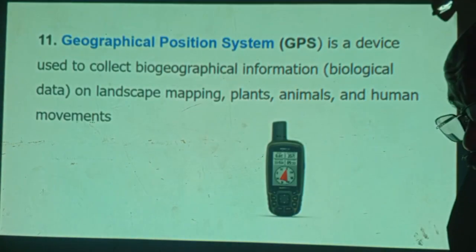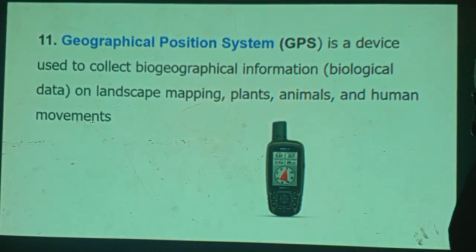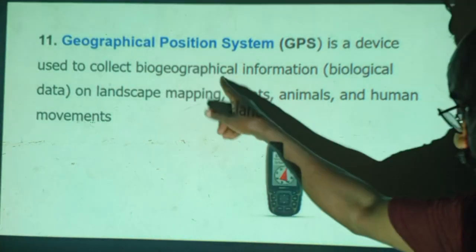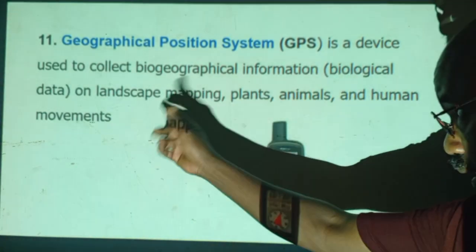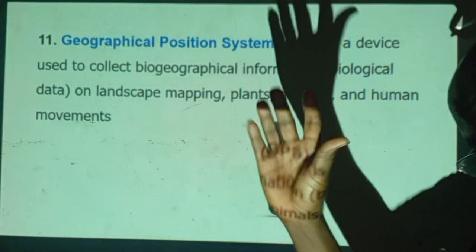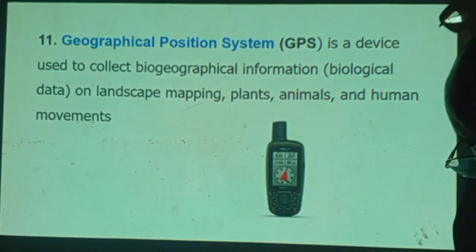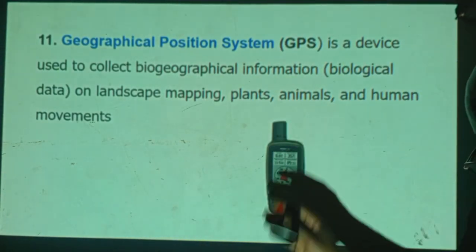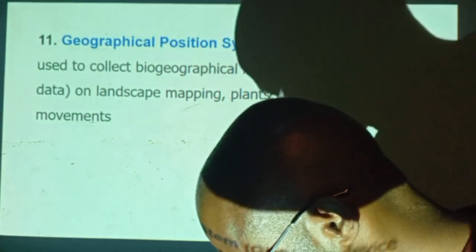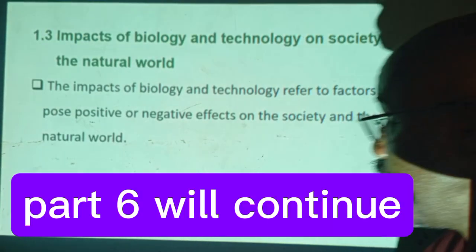Biogeography means the distribution of different organisms, plants and animals, in an ecosystem. Biological data on landscape mapping, plants, animals, humans, whatever. So on a field tour, you can assess the ecosystem, study the ecosystem.